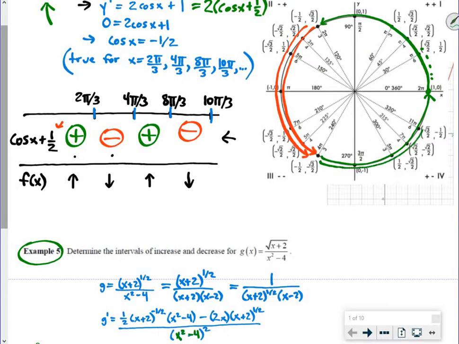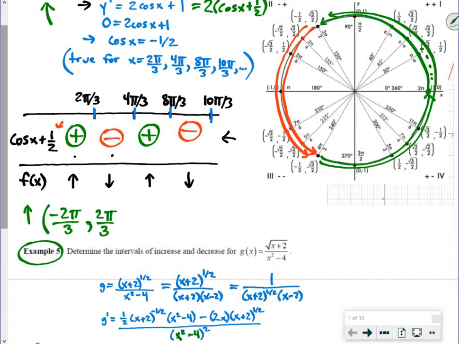Okay? All right, so we can list intervals in general for when it's increasing, so we can just follow along with the unit circle, right, forever if you wanted to. The intervals where we're increasing for f of x, we could start at, say, -2 pi over 3 to 2 pi over 3.